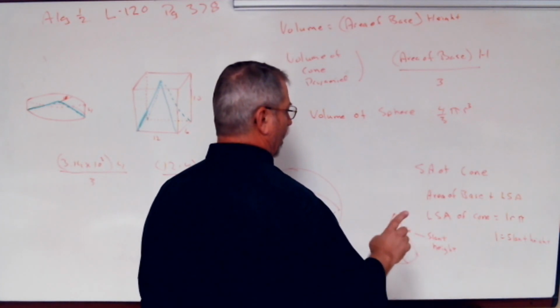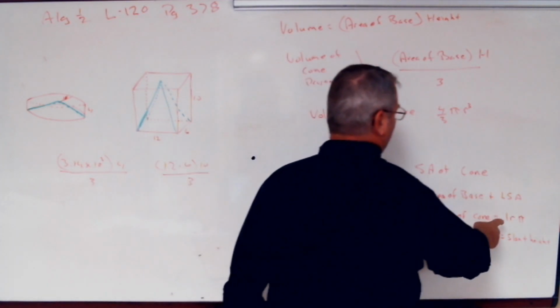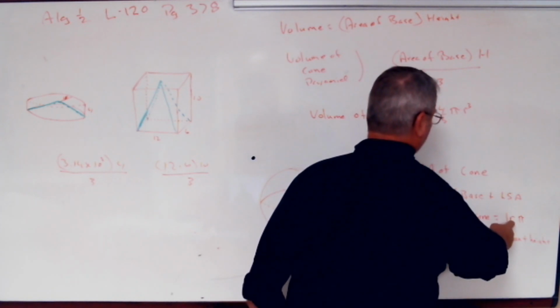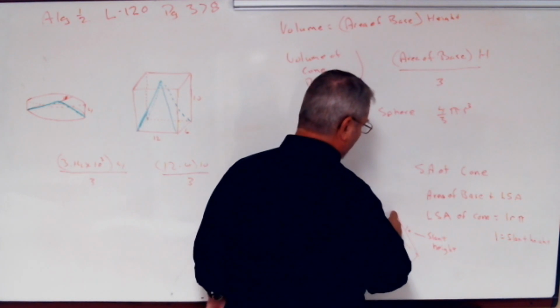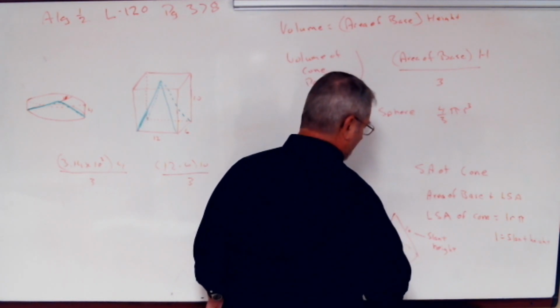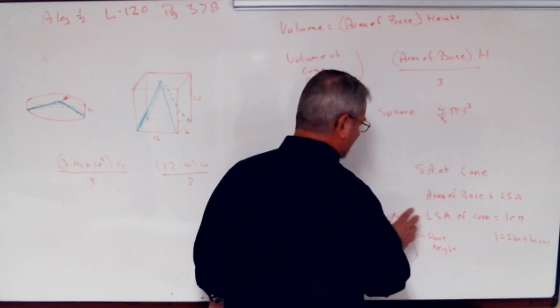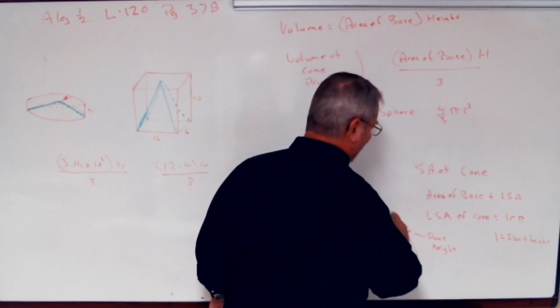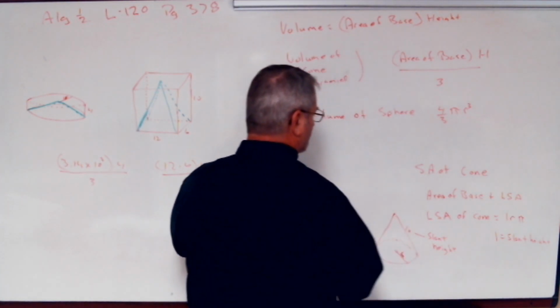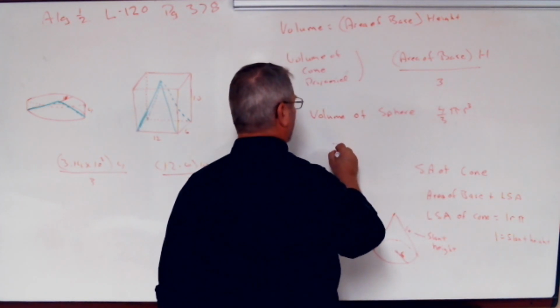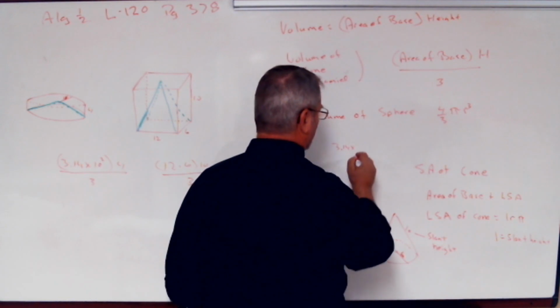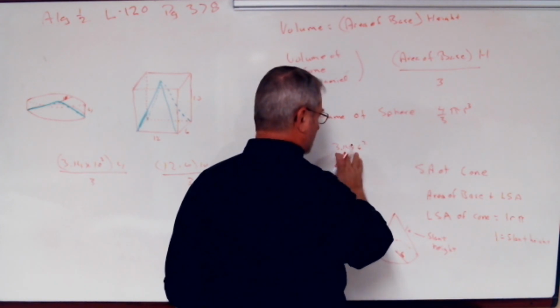Lateral surface area of a cone is slant height times radius times pi. The slant height of this cone is from the peak to here. The height of the cone is down from the center to that. That's not what we want. We want the slant height, the height over here. So for this one here, to find the surface area, we'd go pi times radius squared. Okay, there's that.